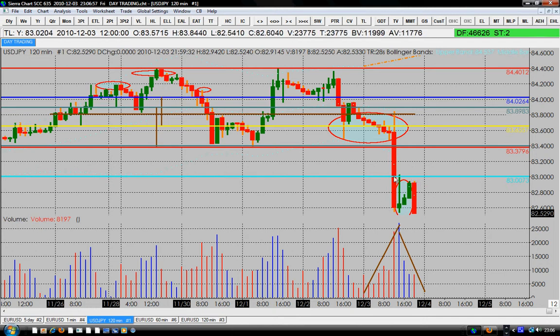But on the other hand, this psychological level is a very important level. The reason why people were selling this crazy currency pair is because the Dow Jones index was going up.